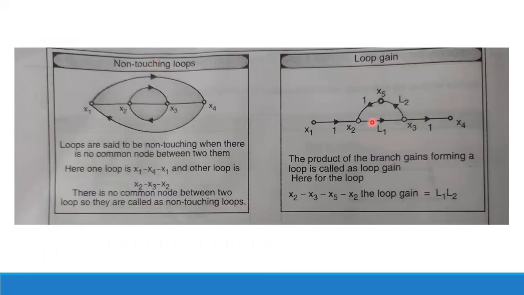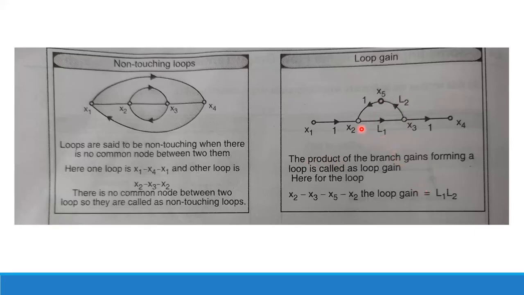The loop looks like this, with a curvature. So the product of the branch gains forming a loop is called the loop gain.